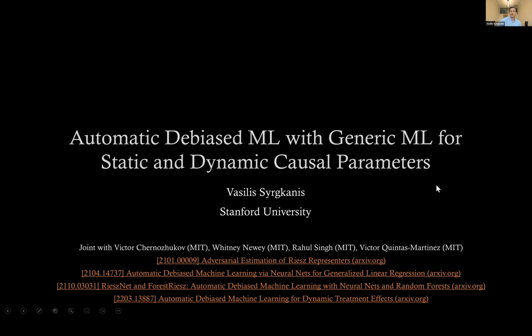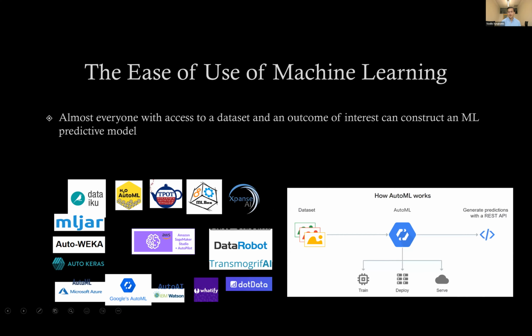First, let me start by trying to motivate why we need automatic debiased machine learning. And I just want to first mention that we are currently at a stage where everybody with access to a data set and an outcome of interest can construct an ML predictive model, using AutoML frameworks that are out there.